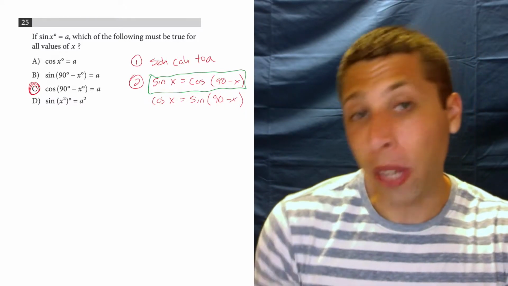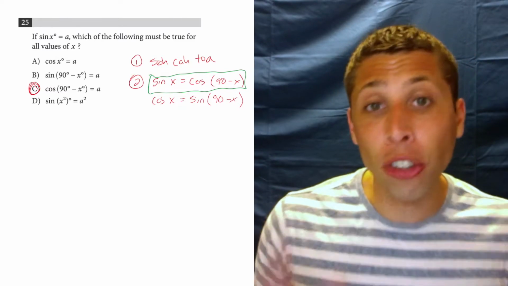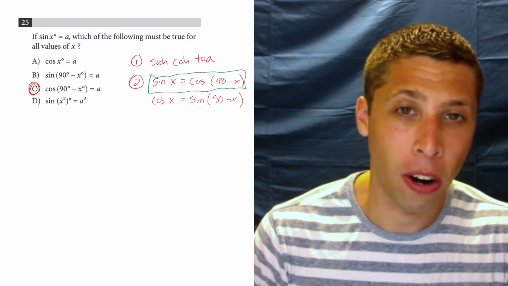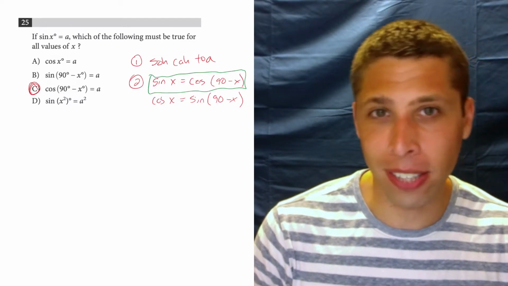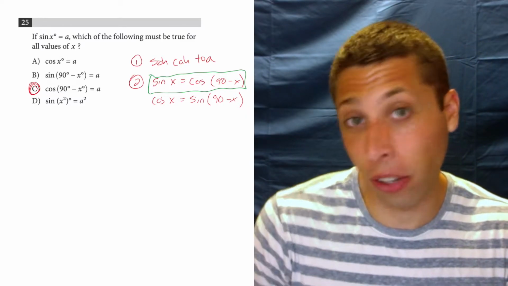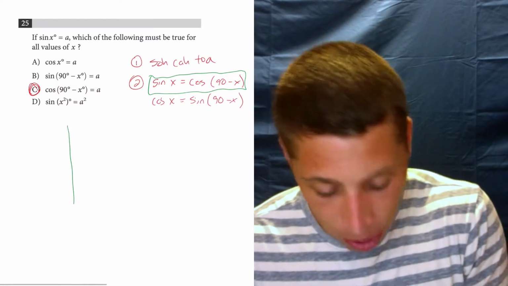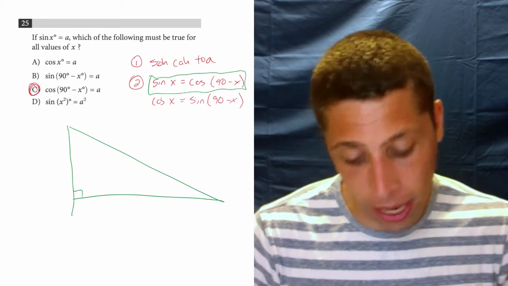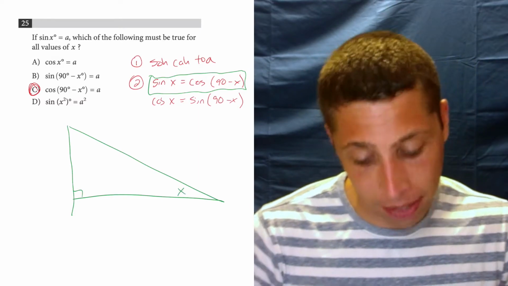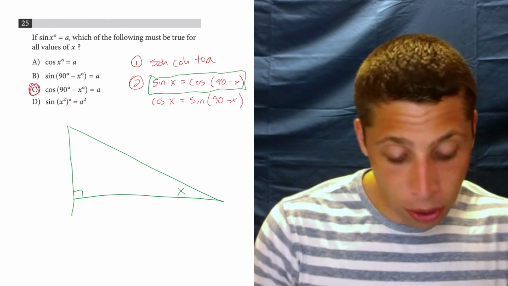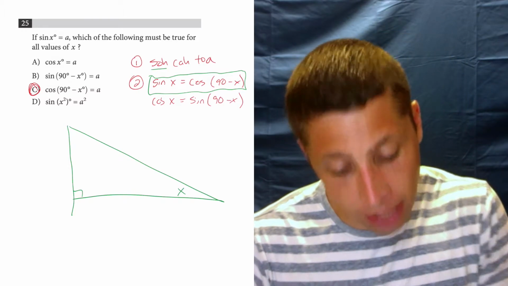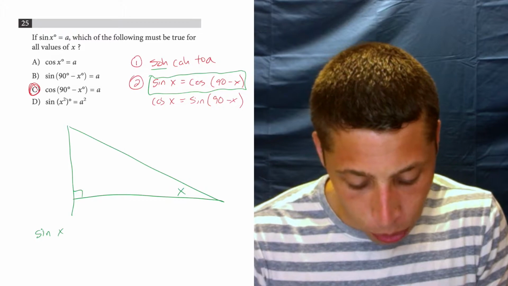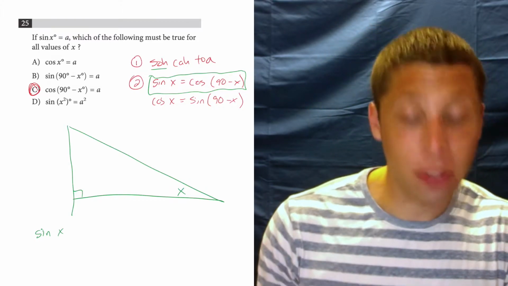If we don't, we might be able to figure it out, right? So I'll show you the proof for why these two equations are actually true. It looks like it's complicated, but it's not if we just understand basic trigonometry, right? So we can have a triangle and 90-degree angle, and let's make one of them x. So what do we know from SOHCAHTOA? Well, we know that the sine of that x is equal to the opposite over the hypotenuse.